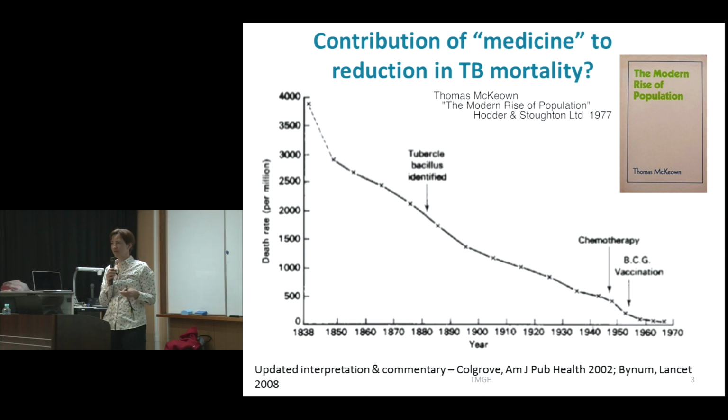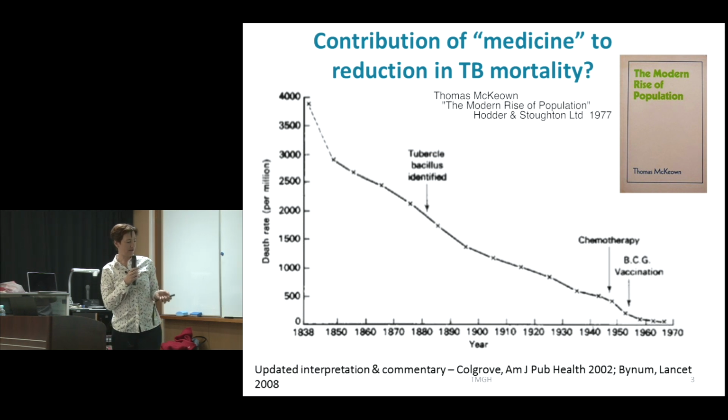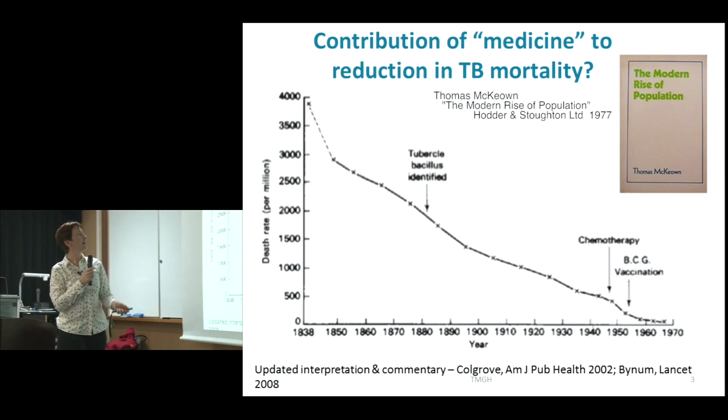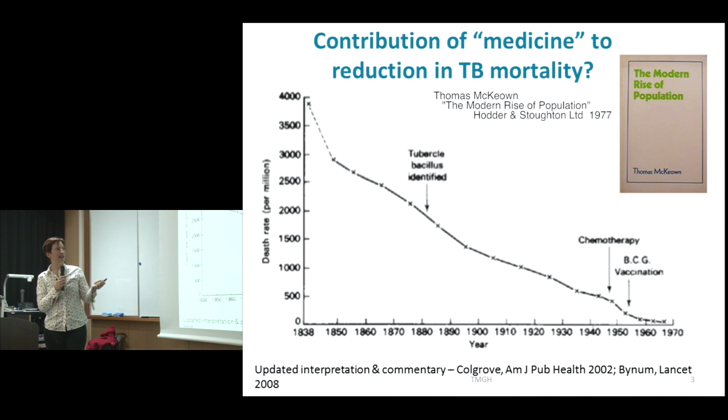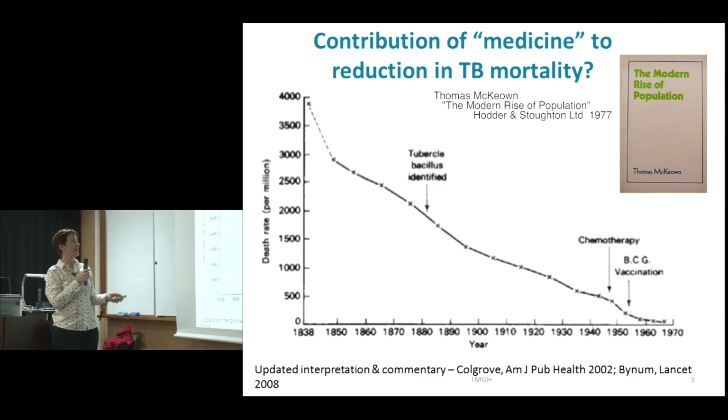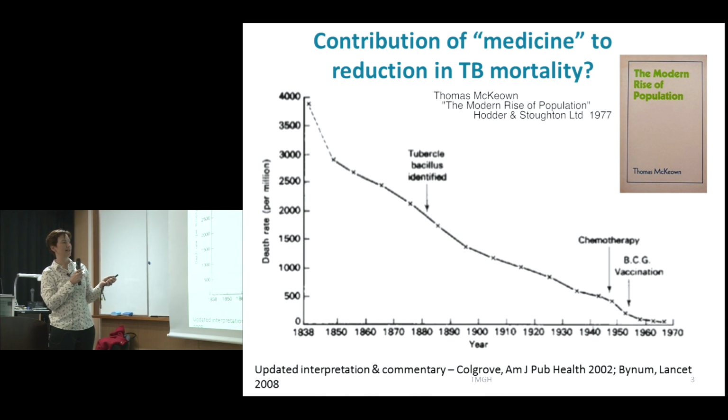So here, if we just take the example of TB, this is a really good example. Here you've got time, and this is the mortality rate from TB. If we start from 1838, mortality is up here.